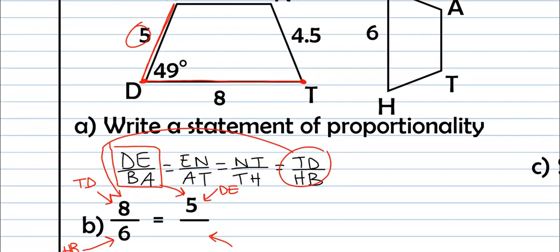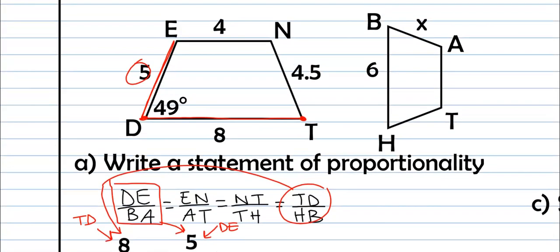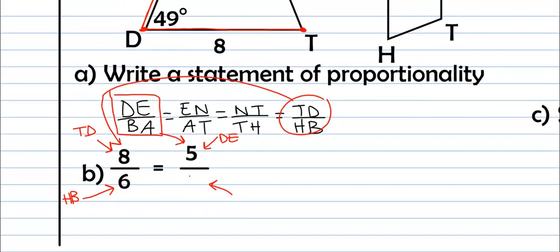So I'm going to go back and find BA. BA is right here, and it's an X. We don't know the number, but we know that it's X, and that's going to be our BA. So when you're doing these problems, I would always start with that statement of proportionality. That makes filling in the rest of the problems a little bit easier.